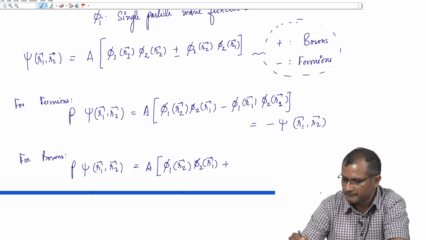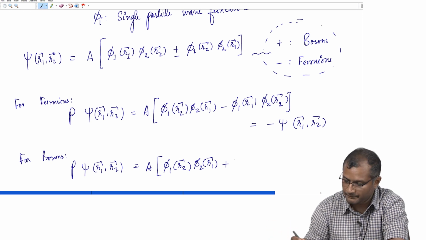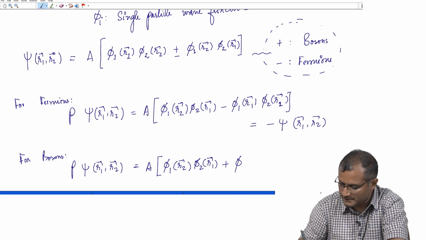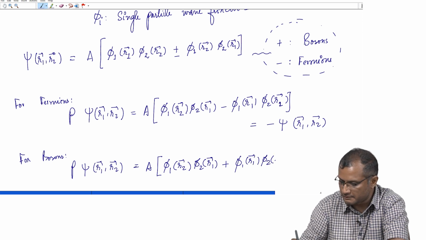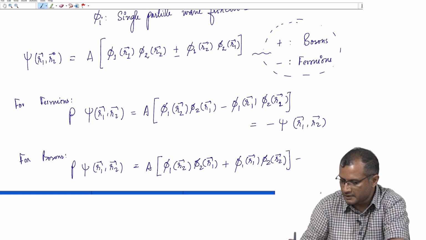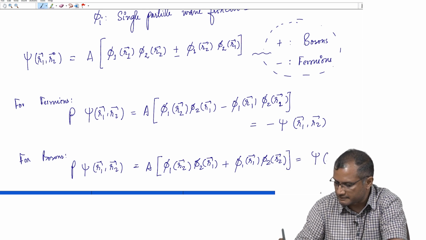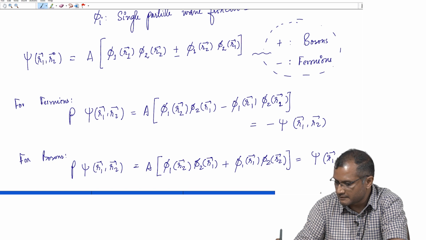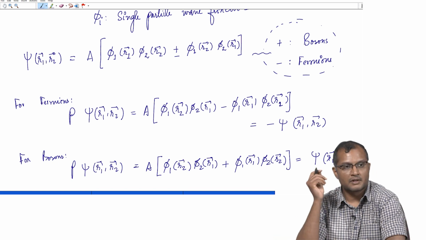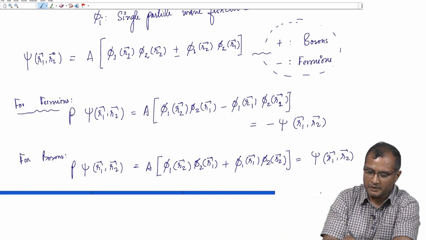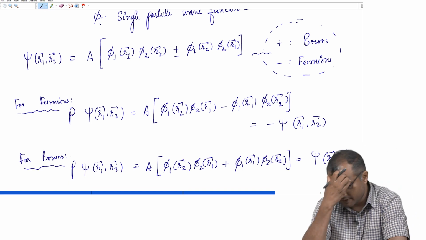Okay. Plus phi 1 r 1 into phi 2 r 2, but this is nothing but the old wave function. So, that is why for fermions I had to take a negative sign.